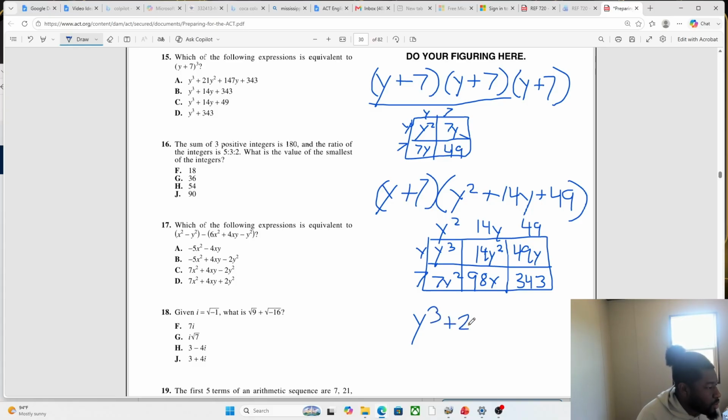That should be 21y squared, 14 plus 7. Then 98 plus 49 is 147y, plus 343. And that should be A.